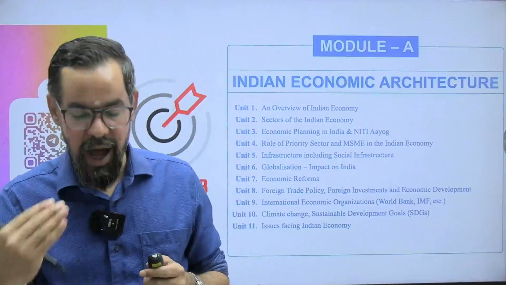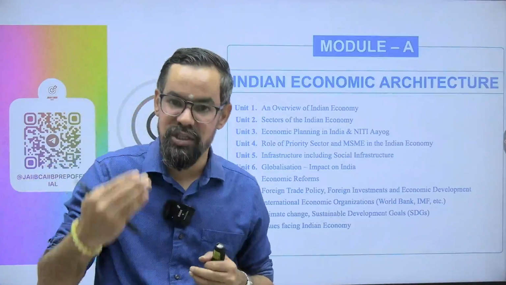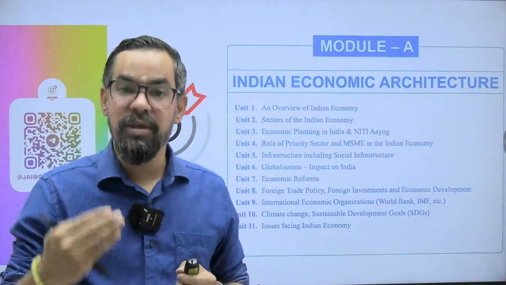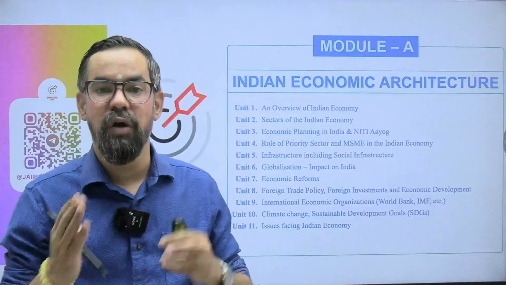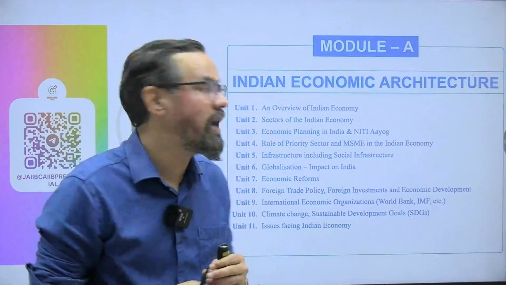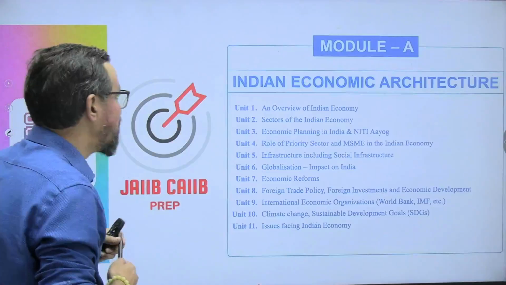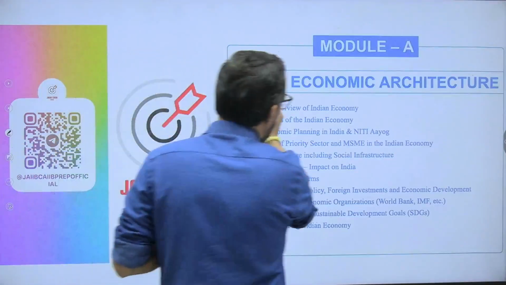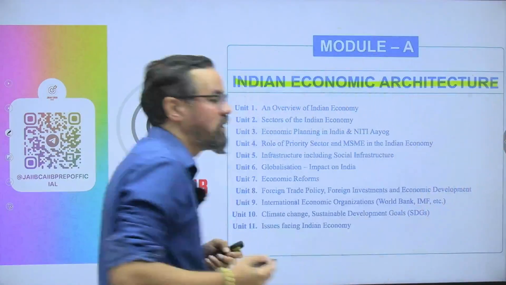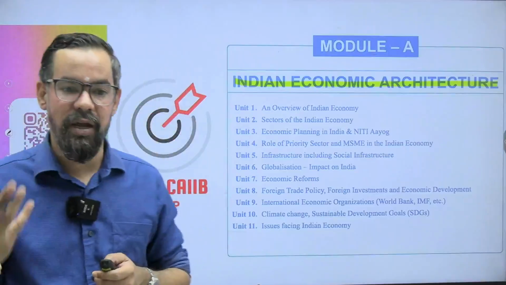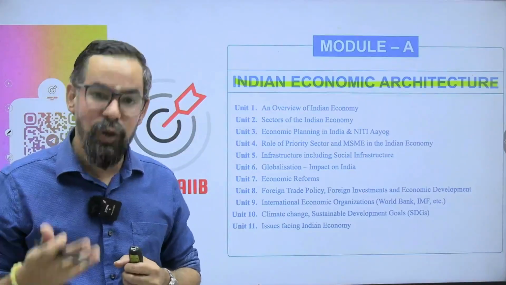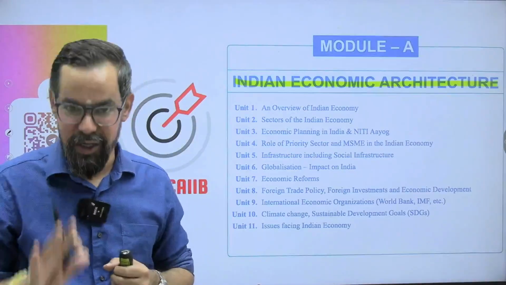Just after this session, we will start with concept discussion as well as practice for unit-wise topics. Module A, IE&IFS, includes the Indian economic architecture. It is all about the basic facts related to the Indian economy, or the core of the Indian economy.